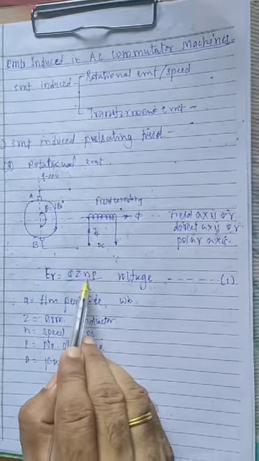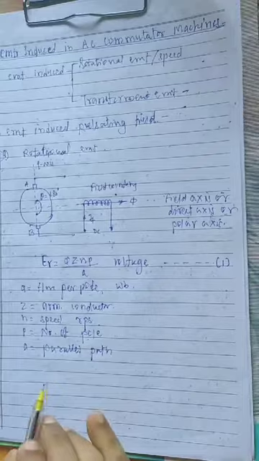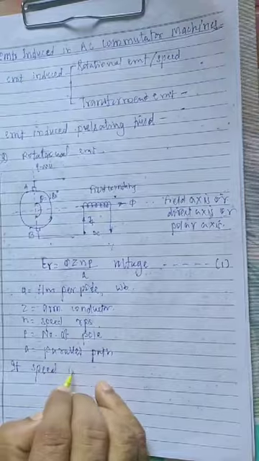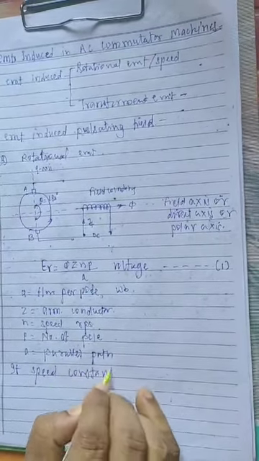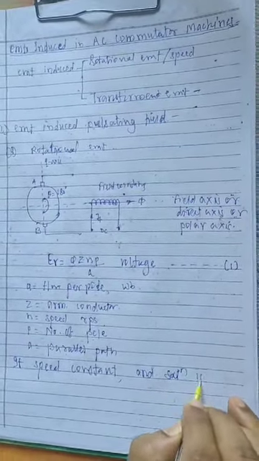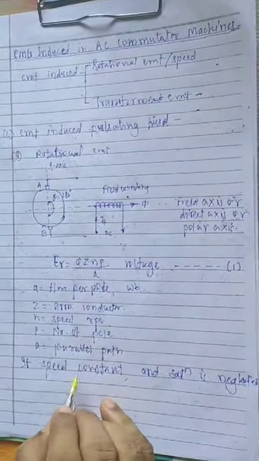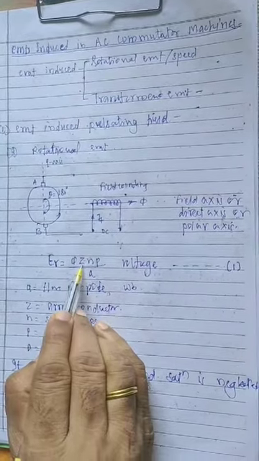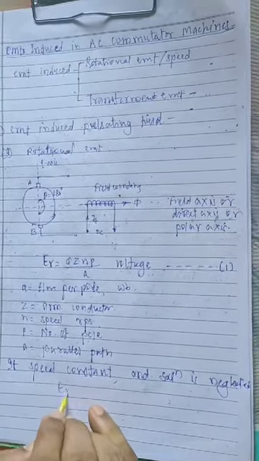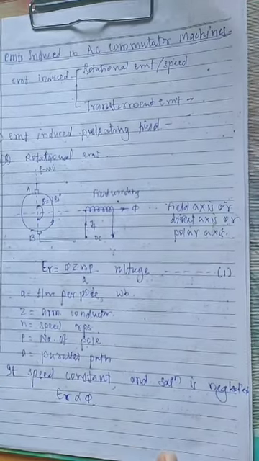And if speed is constant and saturation in the magnetic circuit is neglected, then from above, these quantities are constant. So we can say rotational EMF is directly proportional to field flux.